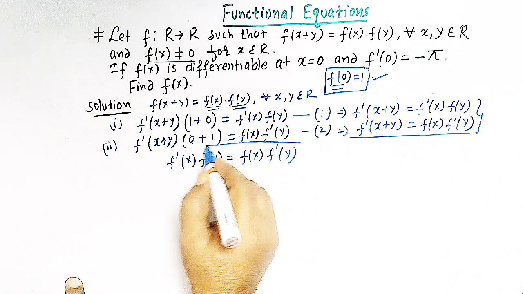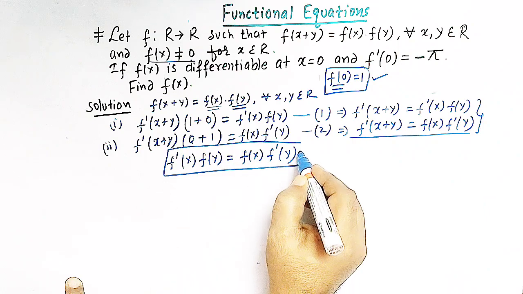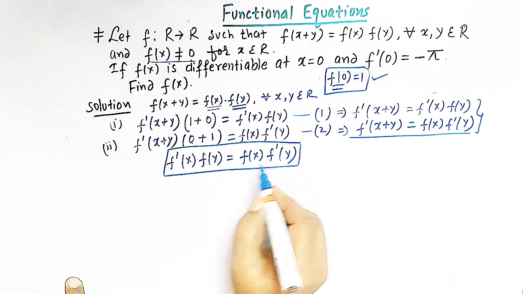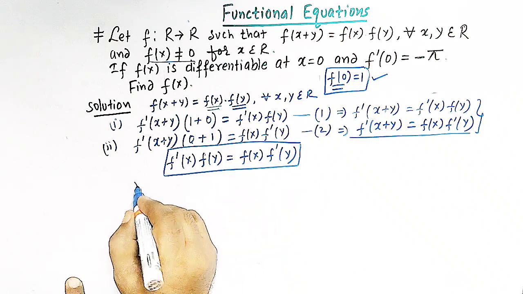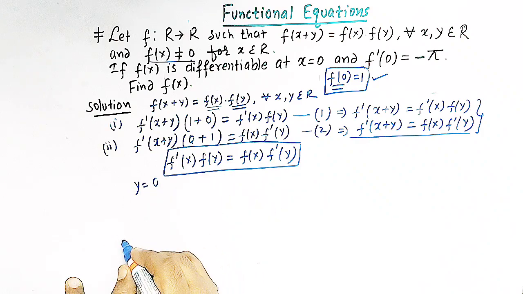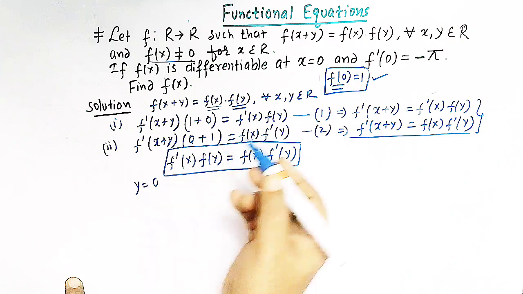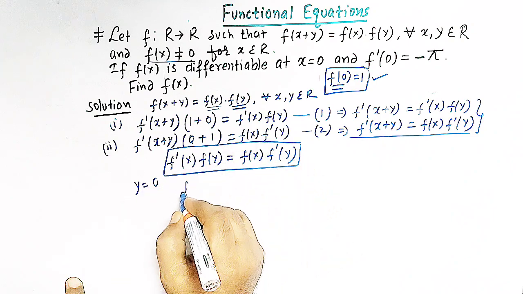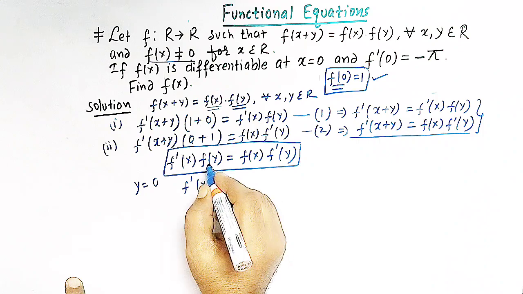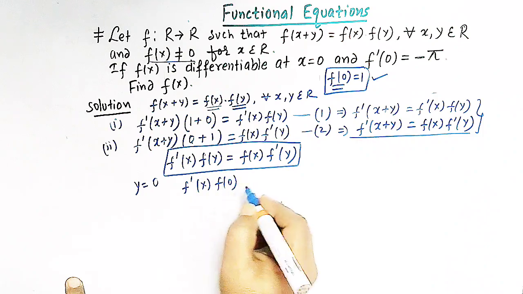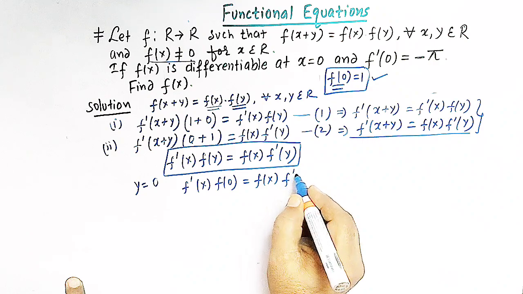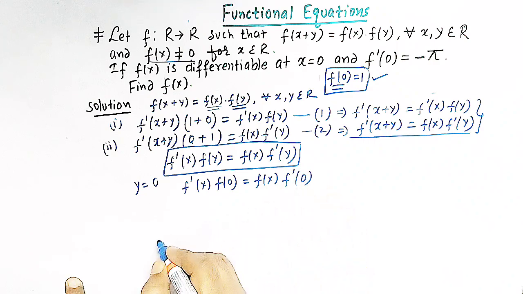So now we have a very important step over here: we'll replace y by 0, right? We'll keep x as such and we'll replace y by 0. So we have now f prime of x, here we have f of 0, and here we have f of x, and here we have f prime of 0, right?